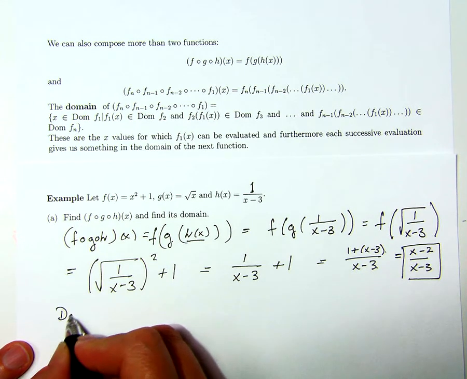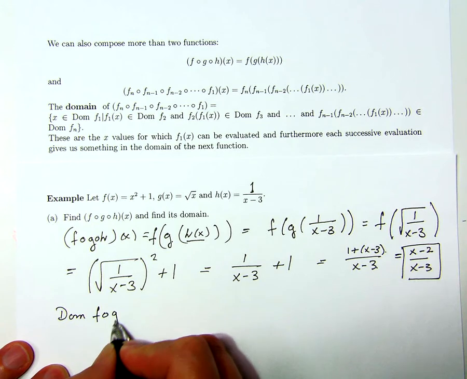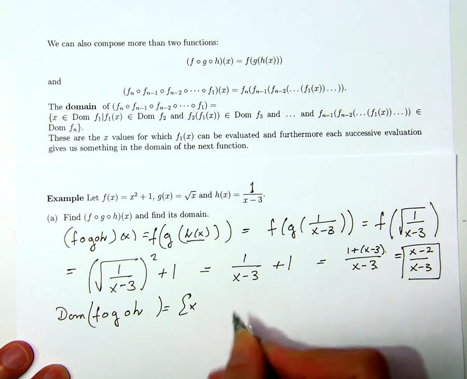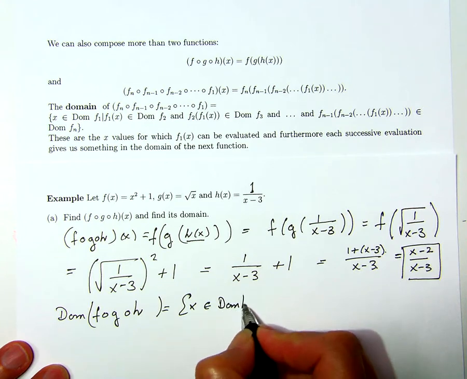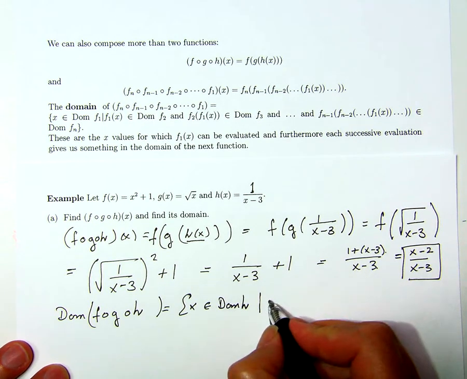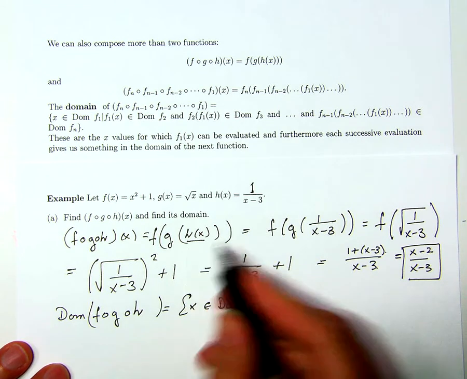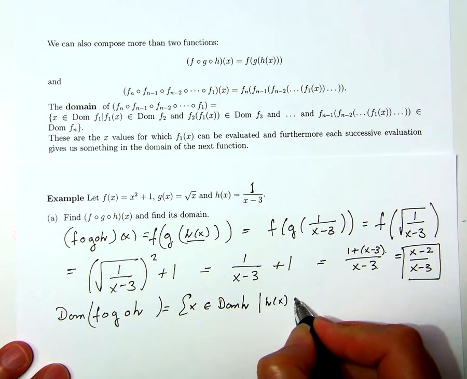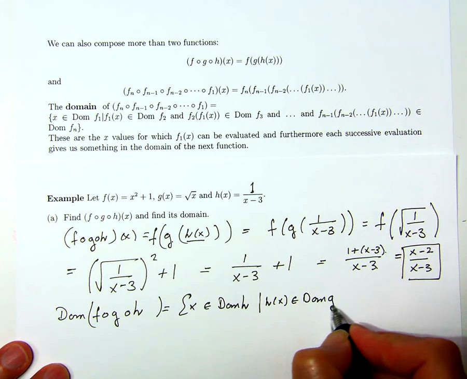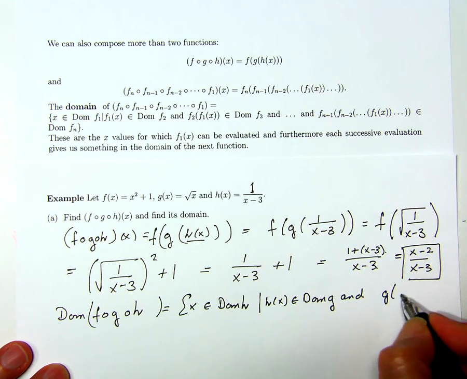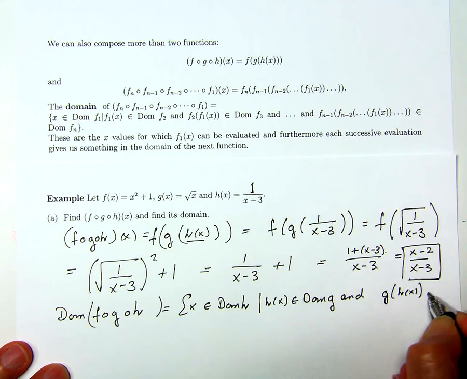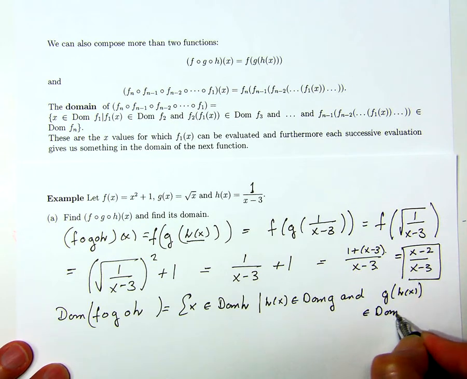So the domain of f after g after h is the set of all x to which first of all I can apply h, so it's x in the domain of h, such that when I apply h, I get something in the domain of the next function g, and when I apply g to that, I get something in the domain of the next function I apply, which is f.